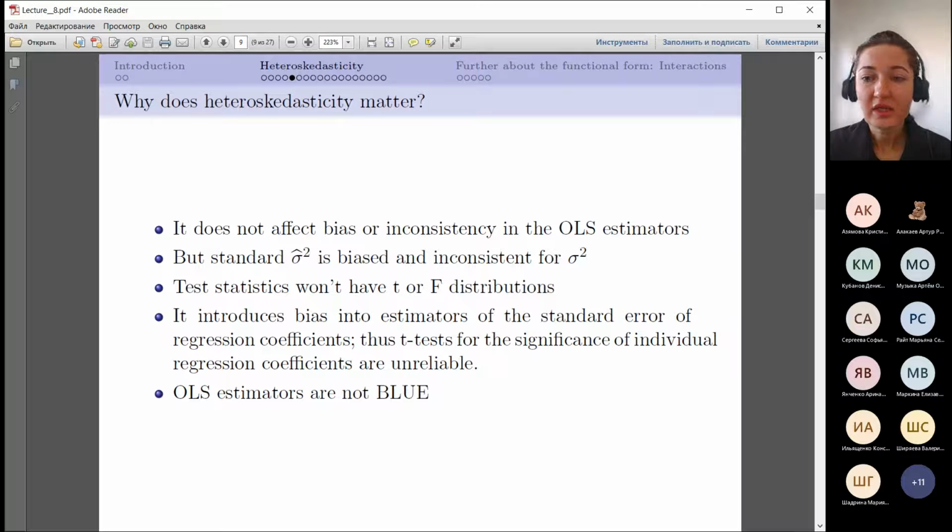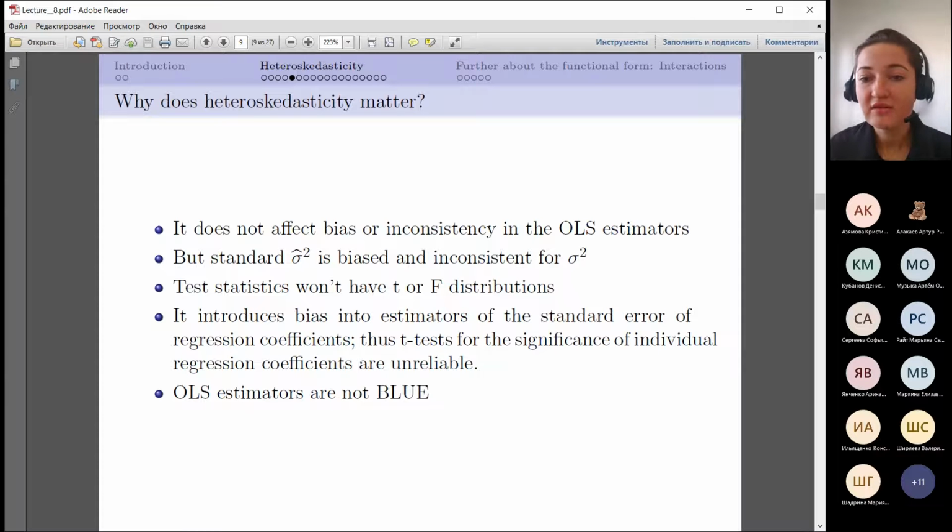So the key point is that you want your variance to be as small as possible. In the probabilistic sense, it means that you obtain the coefficients with the maximum precision.